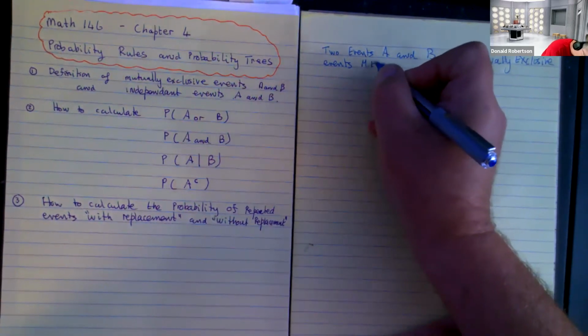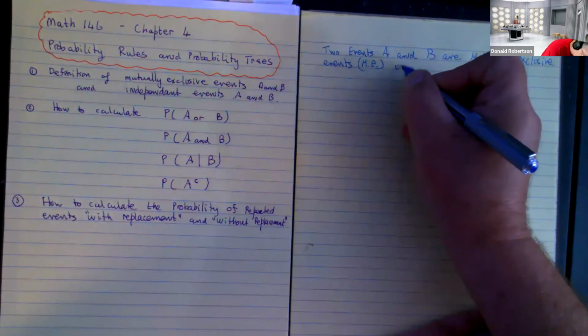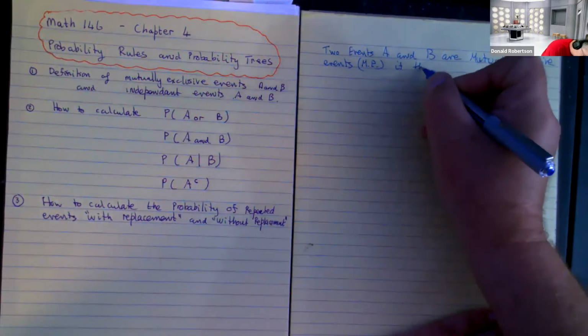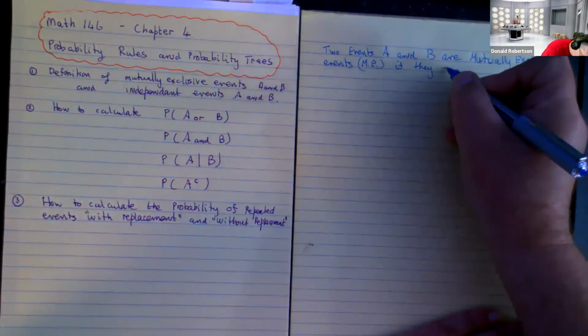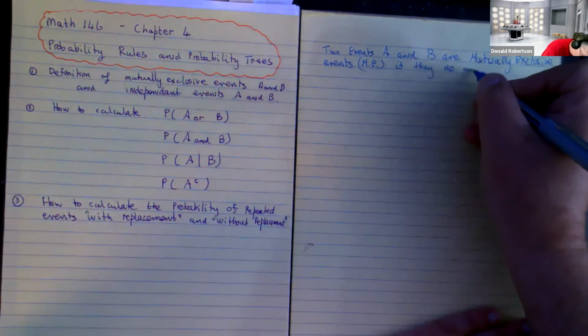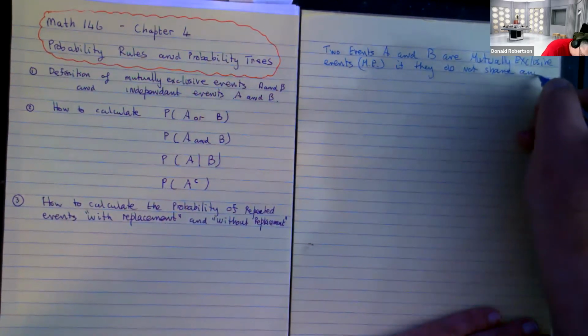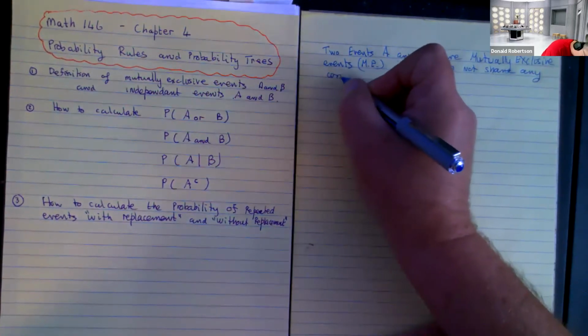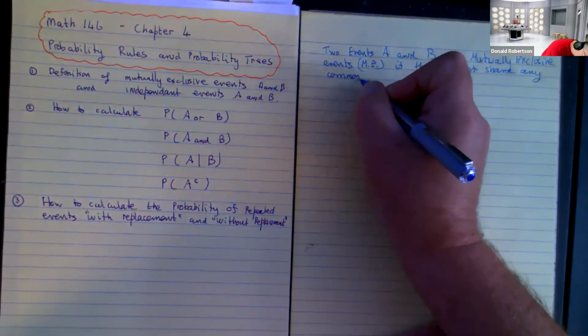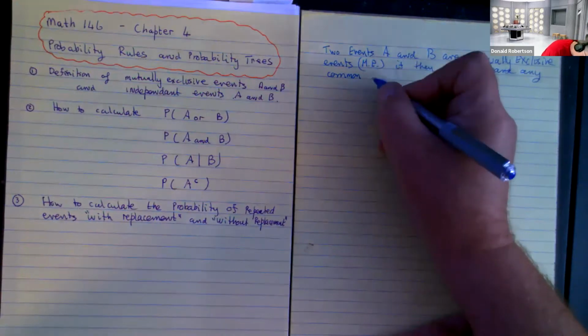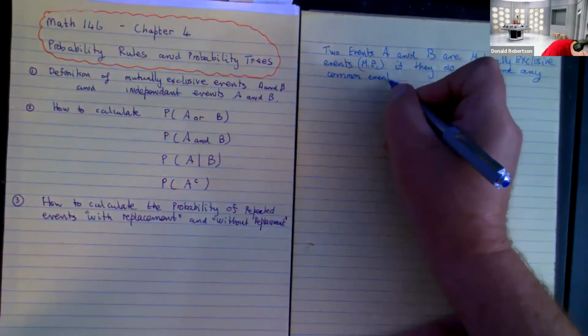We normally just call them AME for short. If they do not share any common events.